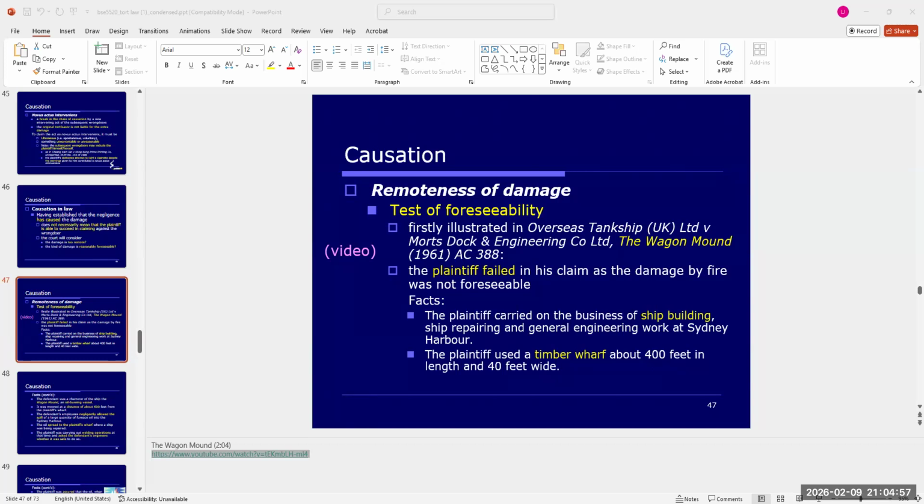So they sued the limited company. The fire started from their oil leaking. So in the High Court, the defendant was found liable because he was considered responsible for all negligence that happened.